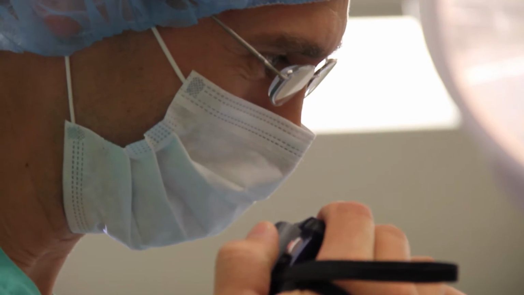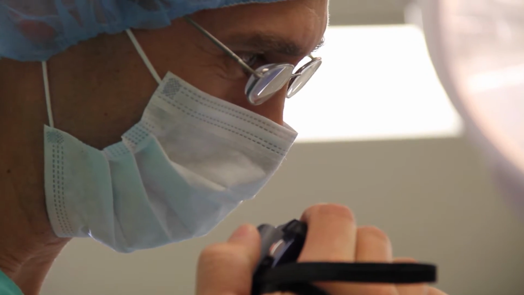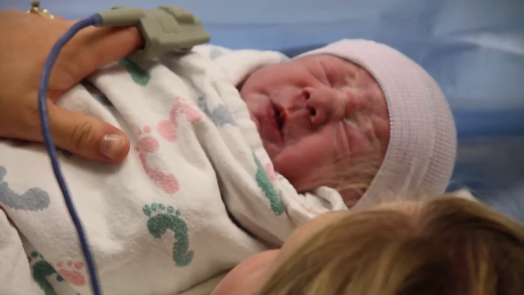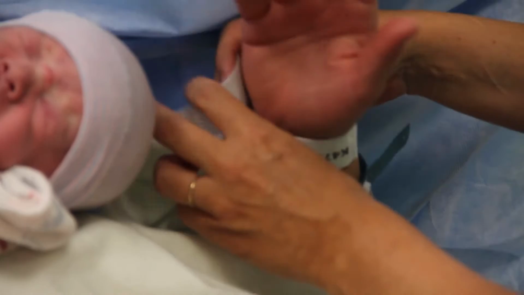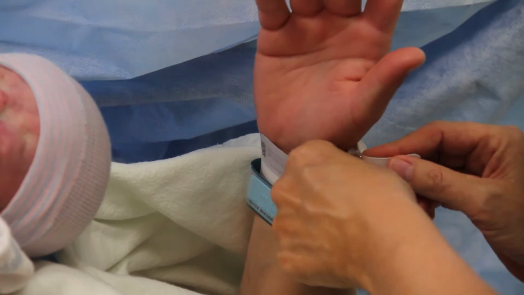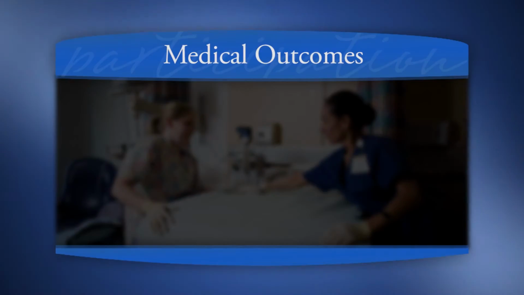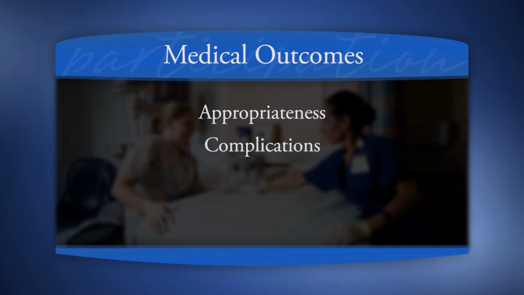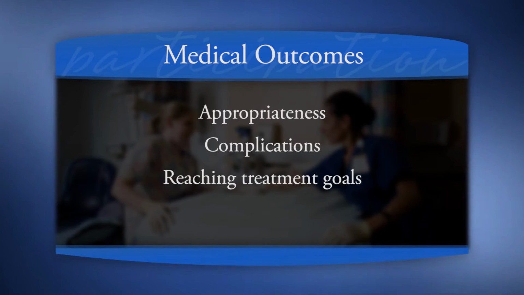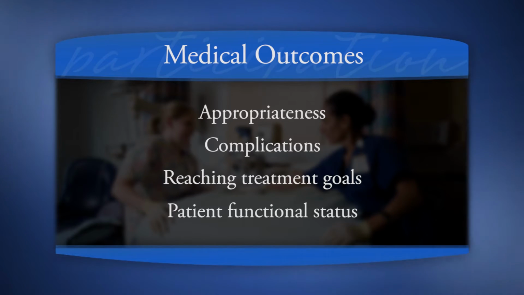For most people, when they say quality, this is what they mean: the nature and features of physical outcomes. Now, for some clinical processes, physical outcomes are the same as medical outcomes. Medical outcomes include 4 major subcategories: appropriateness, complications, whether you reach treatment goals, and patient functional status.